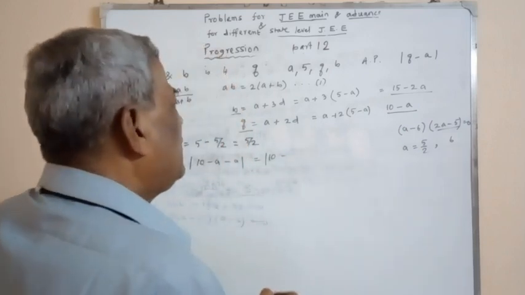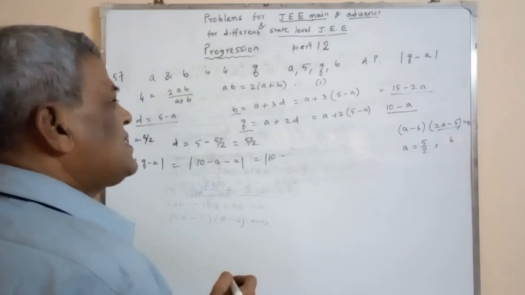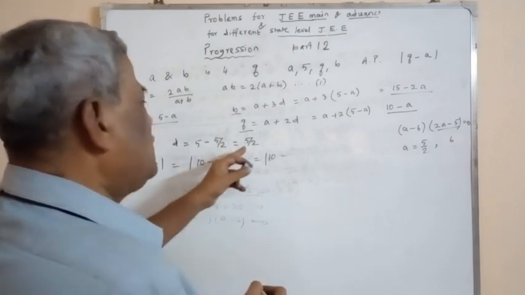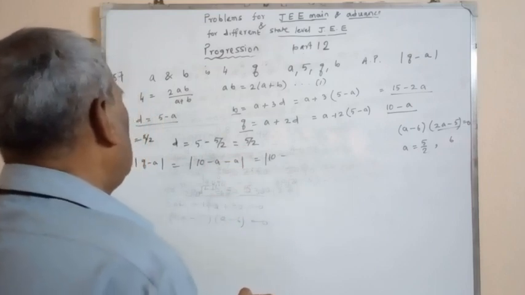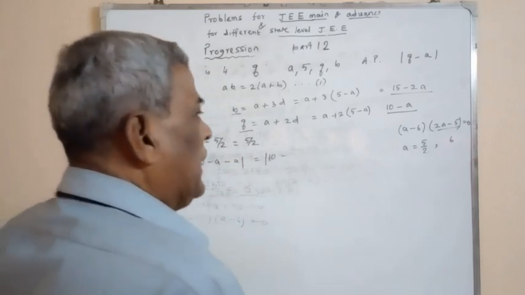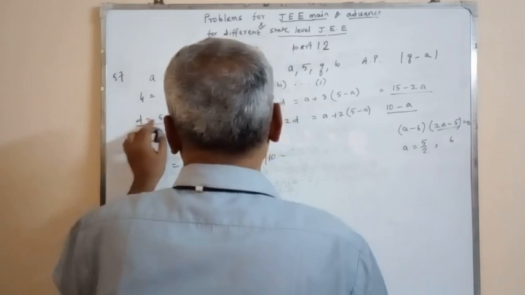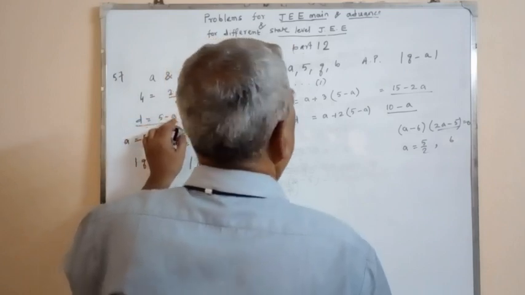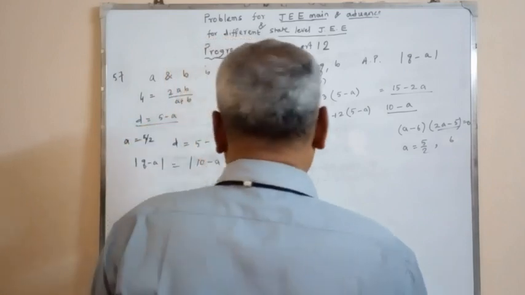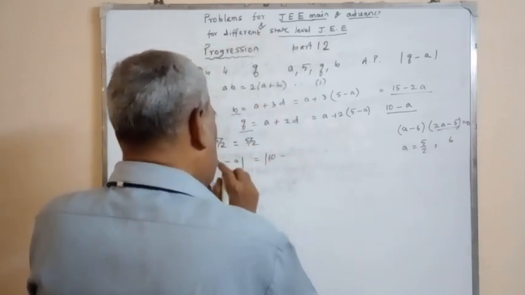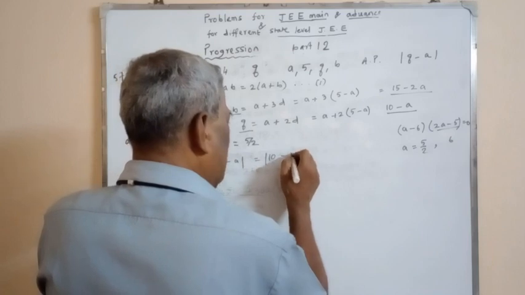No, no, no. When a is equal to 5 by 2, in that case d is also 5 by 2. So that it is equal to 10 minus 2a, which means 5.